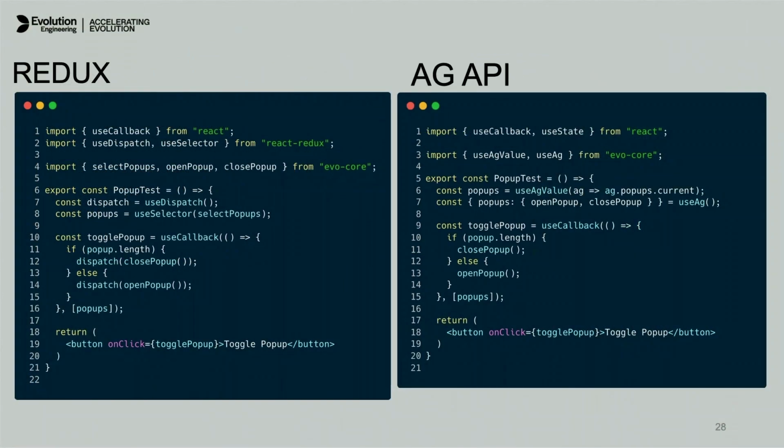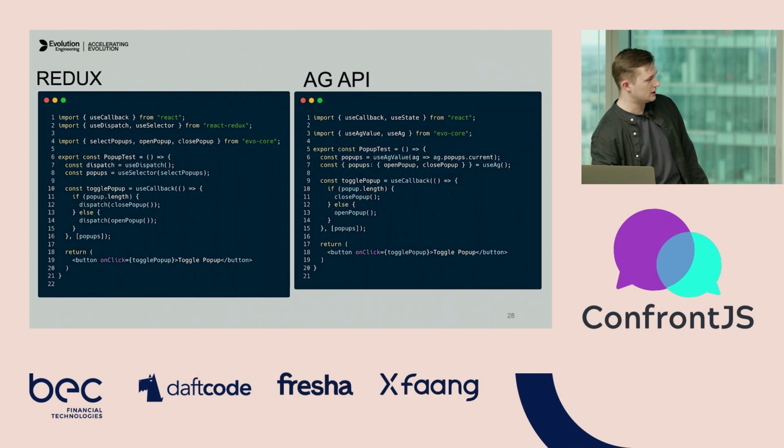Well, we import some React Redux hooks, then we import some things from Evo Core, and then what do we do? We get the pop-ups value from this store using a selector, then we have a callback, which will actually either open or close the pop-up based on whether the pop-ups exist or not.